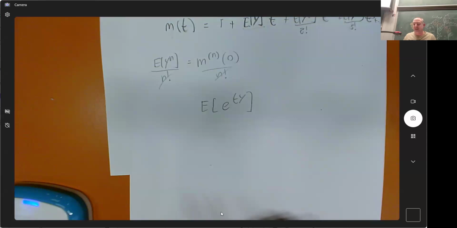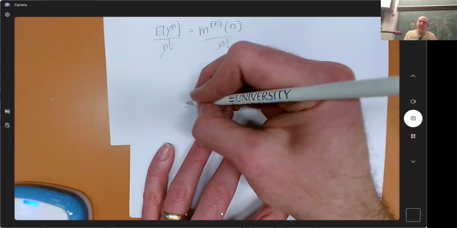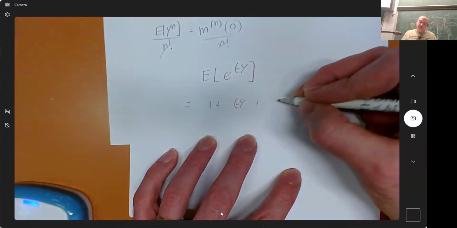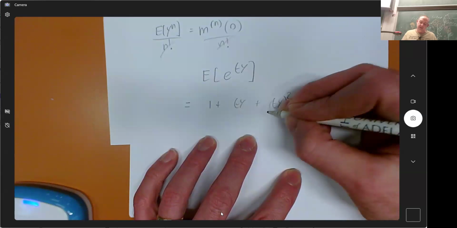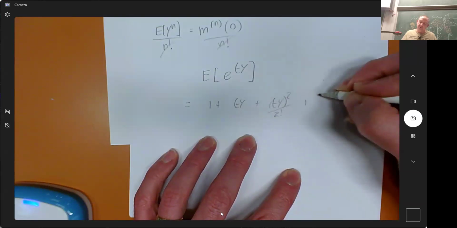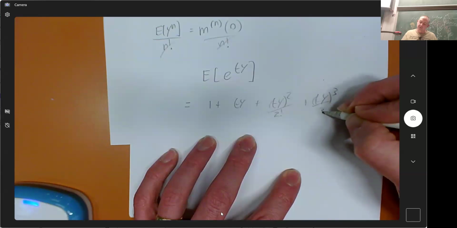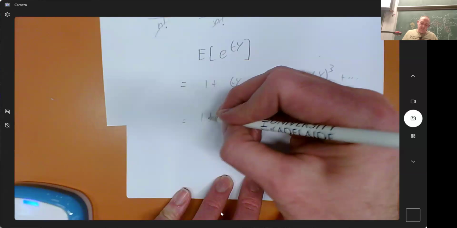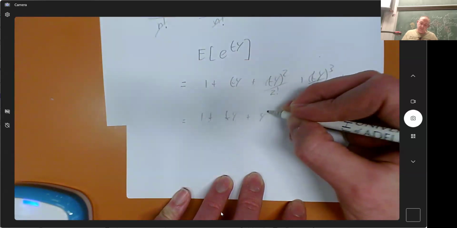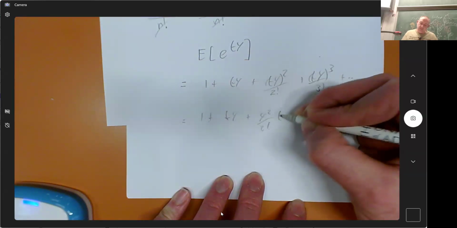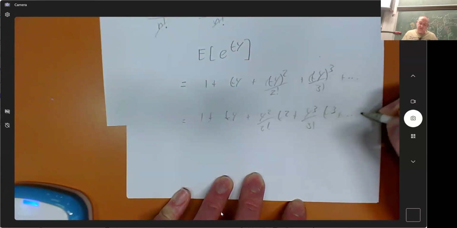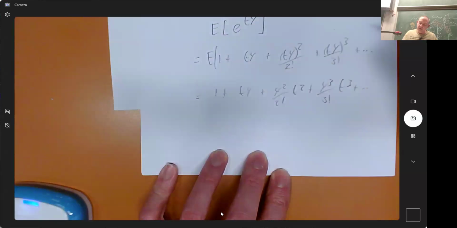The Taylor series of e to the power of ty is 1 plus ty plus (ty) squared on 2 factorial plus (ty) cubed on 3 factorial plus and so on, right? Which is 1 plus ty plus y squared on 2 factorial t squared plus y cubed on 3 factorial t cubed plus whatever. And we're going to do the expected value of that.